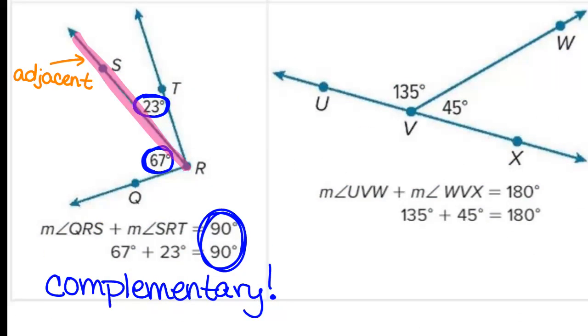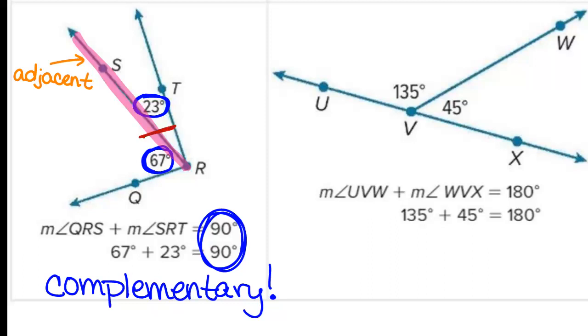When I have touching angles, when I have adjacent angles that together add up to 90, what do we call a 90-degree angle? Does anybody know? There's a special name that we have for a 90-degree angle. A right angle. Does anybody remember on a picture how you show something as a right angle? Yeah, we put a little box in the corner. It kind of looks like a little square in the corner.